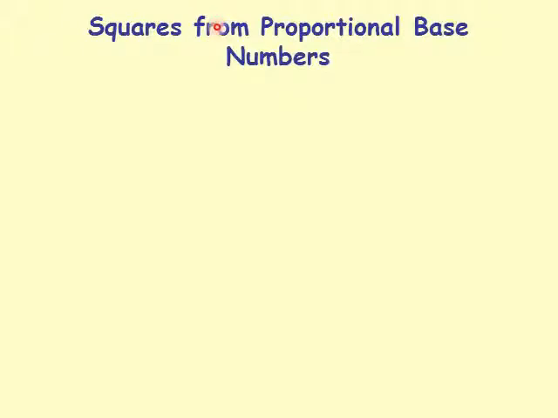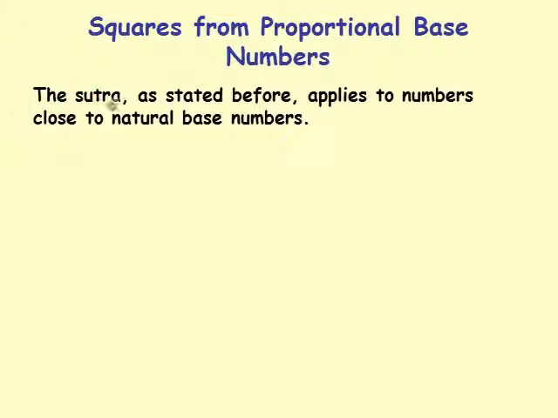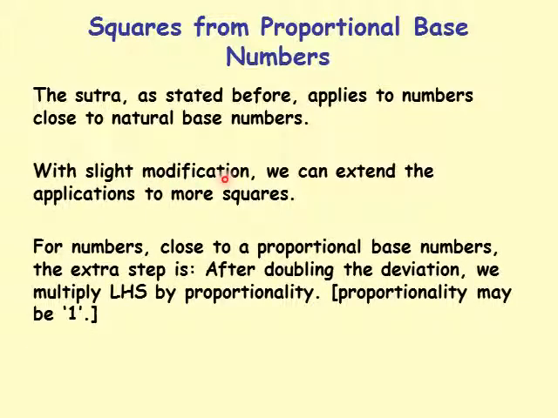Now we are going to do proportional base numbers. We were so far using 1000 and 100 as bases, which are natural base numbers. Now we will consider some proportional base numbers. The sutra we stated before applies to numbers close to natural base numbers. Natural base numbers are 1, 10, 100, 1000, and on the fractional side 0.1, 0.01, etc. With a slight modification, we can extend the application to more squares.